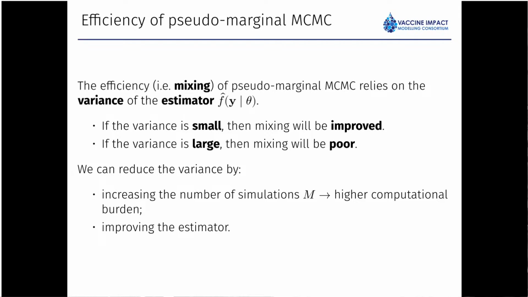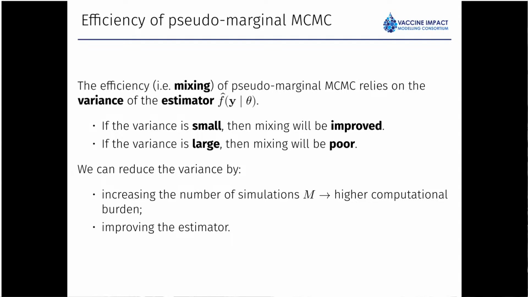Okay. Remember that yesterday we talked about the convergence and the mixing of the MCMC chain. Do you remember that? Yeah? So what we want is a chain that moves around the parameter space efficiently so that we don't have to run millions and millions of iterations. Okay? Now, in the pseudo-marginal approach, as I talked to you about before, the efficiency depends on the proposal distribution. Okay? If I add too much noise, I reject too many things, and if I add too little noise, I don't move far enough. Okay?